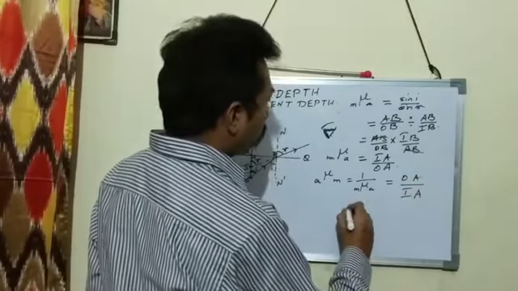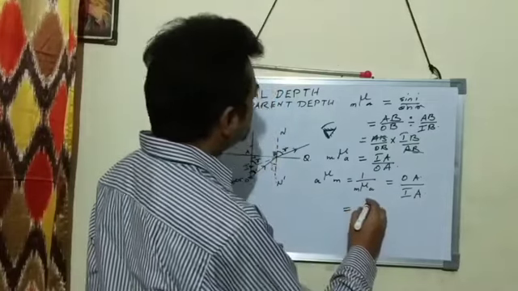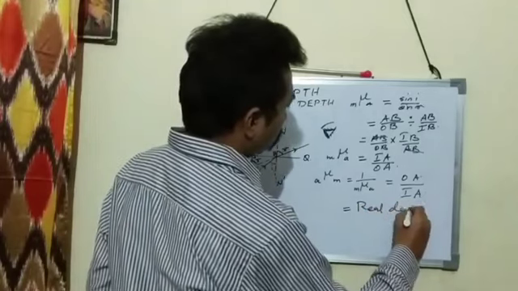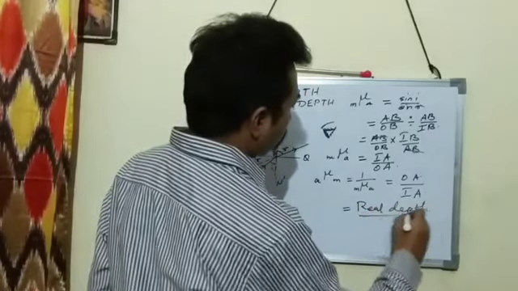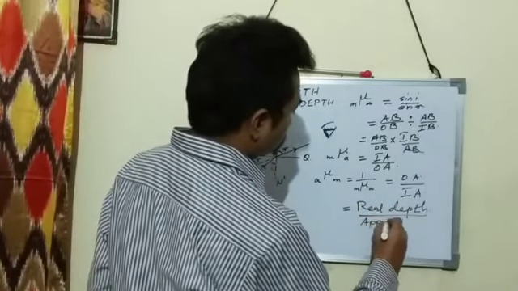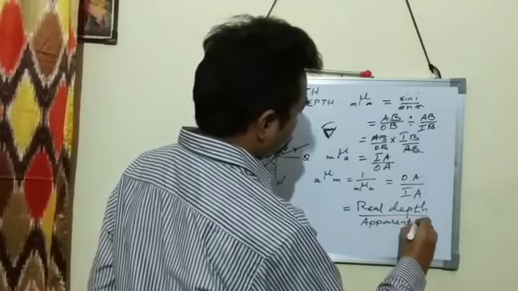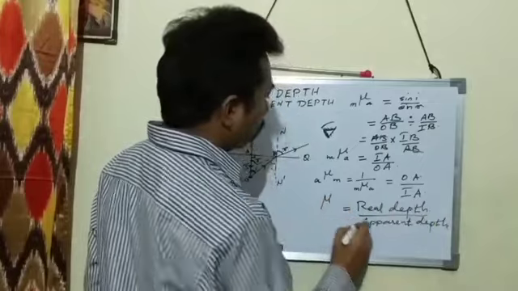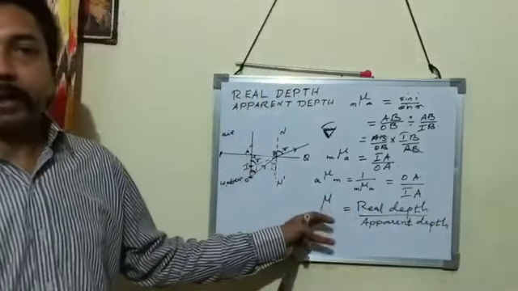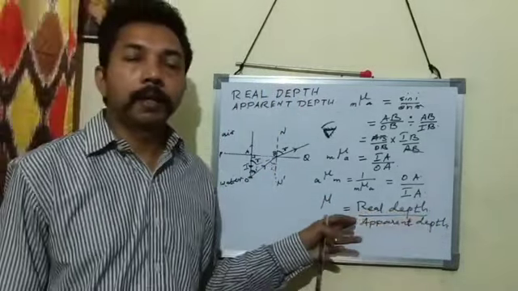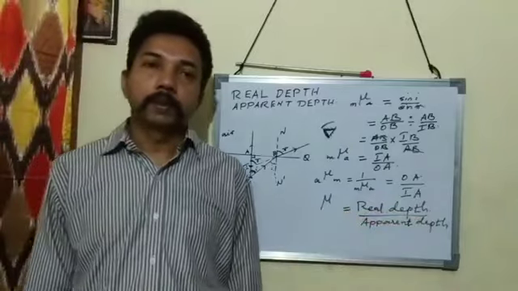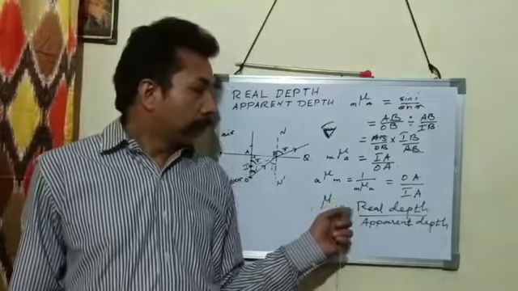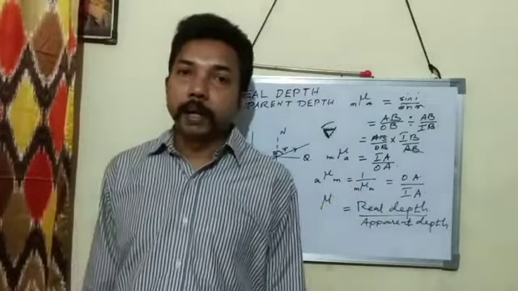So OA is the original or real depth, and IA is the apparent depth. So this is the relationship between refractive index, real depth and apparent depth.